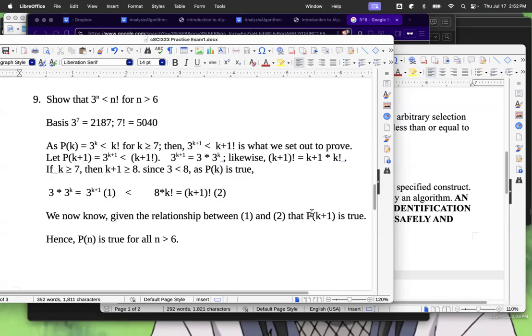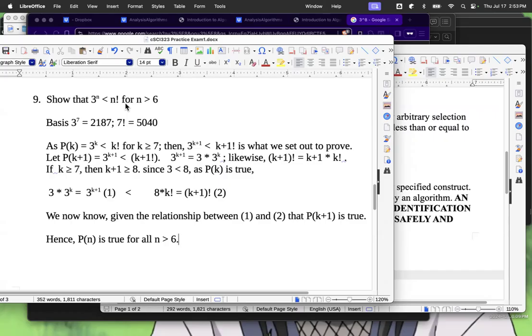So now, why is this important? Let's suppose that we have an algorithm that runs in 3 to the n time, and we have one that runs in n factorial time. As you remember, as our functions grow large, that's when we become concerned about which one is the larger of the two.